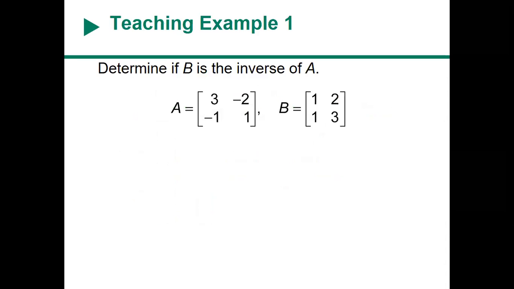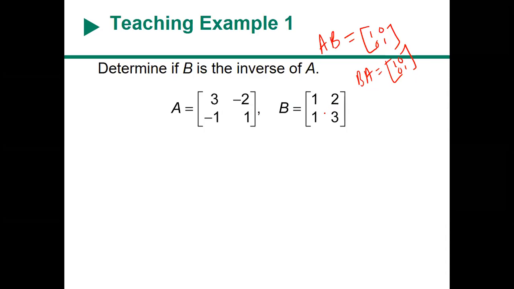Okay, so we're going to talk about determining if B is the inverse of A. To determine if something is the inverse of something else, it's pretty straightforward. All you're going to do is multiply. So we're going to do A times B. If A times B produces the identity matrix, so if A times B equals [1, 0; 0, 1], and if B times A equals [1, 0; 0, 1], then that means that B is its inverse.